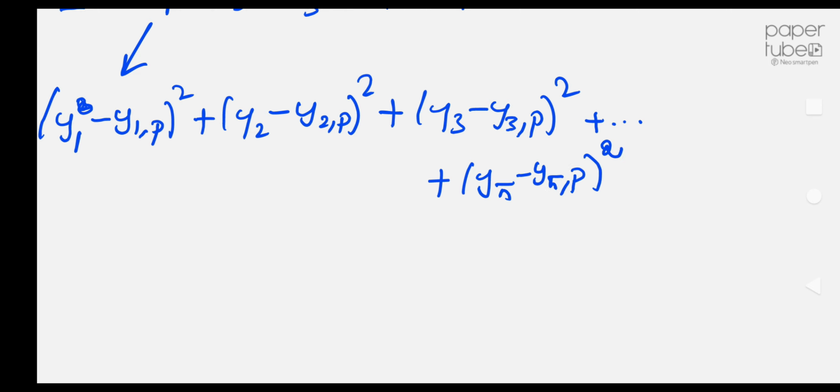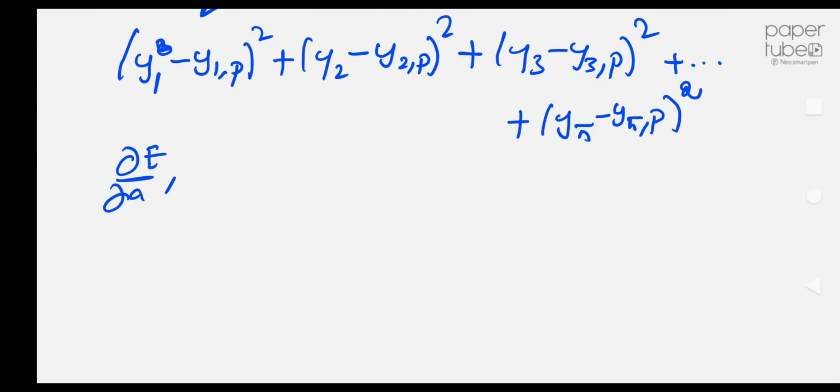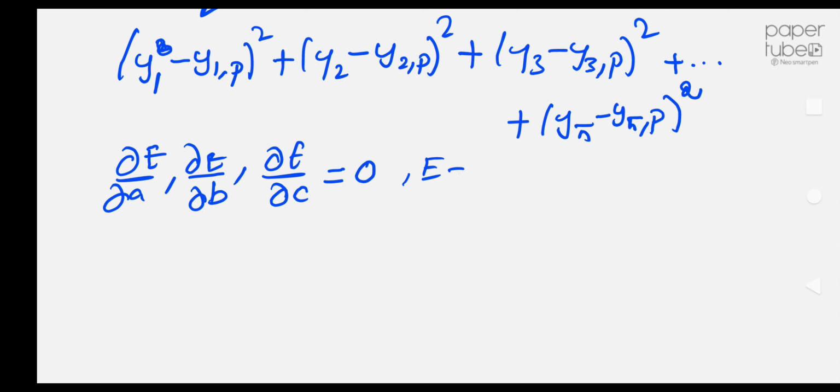We know that for E to be minimum, the partial derivatives of E with respect to A, B and C should be equal to 0. That's the condition where your E will be minimum.